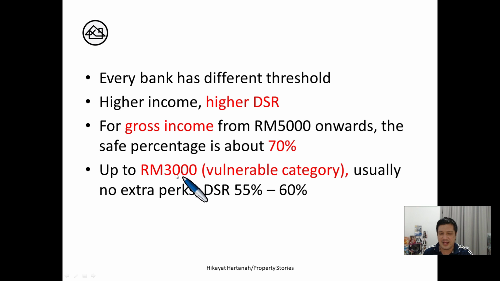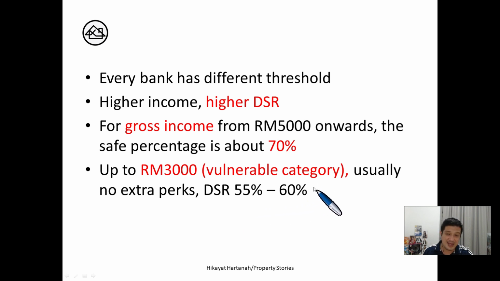I think for credit cards it's 5,000 now, but this 3,000 is, I think, still applicable for property. Different products have different vulnerable categories. There are usually no extra perks for this group of applicants. Whether it's joint name or single name, up to 3,000, the DSR usually is about 55 to 60.